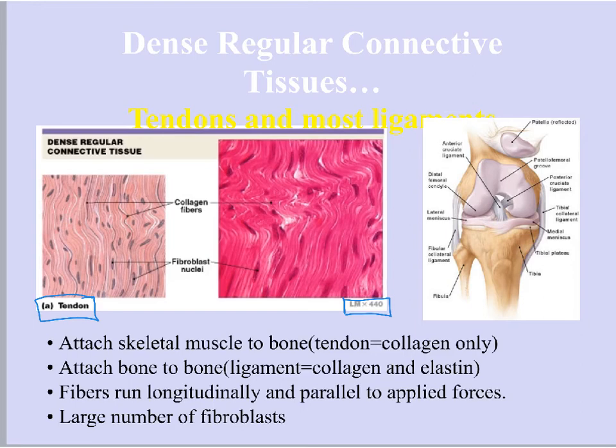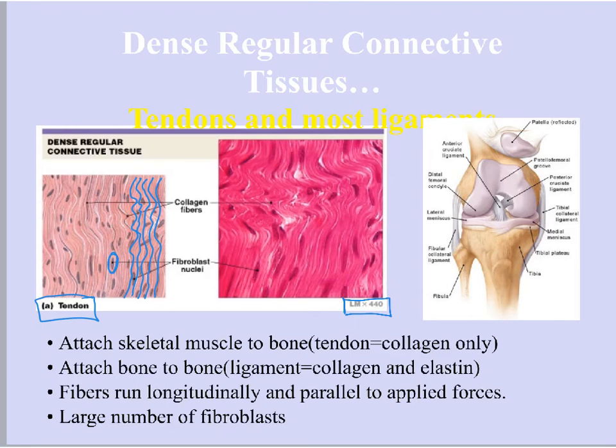So with dense regular connective tissue, check it out. You can see the fibers. They're kind of squiggly. And I'm not doing a great job of outlining them, but you get my point. The fibers are all going in the same direction, and they're really densely packed. Also, where did those fibers come from? Well, they came from these cells, right?